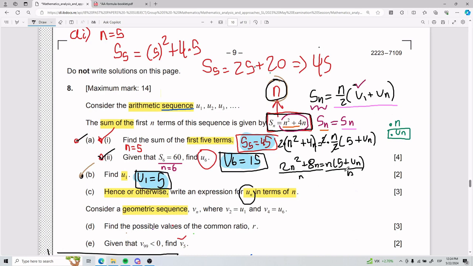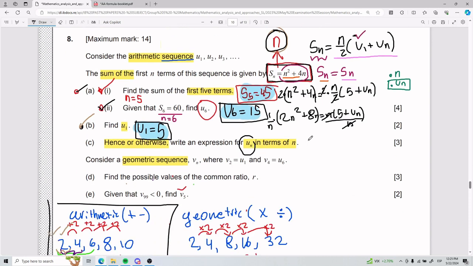And so, well, technically here, just to be more accurate, would be all of this divided by n. And so this goes away with this. You end up with 2n plus 8 equals 5 plus UN. So you can do minus 5. Minus 5, you end up with UN equals 2n plus 3.